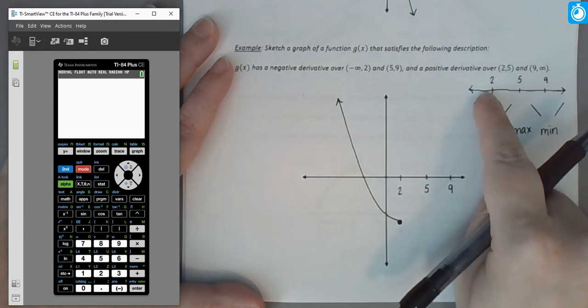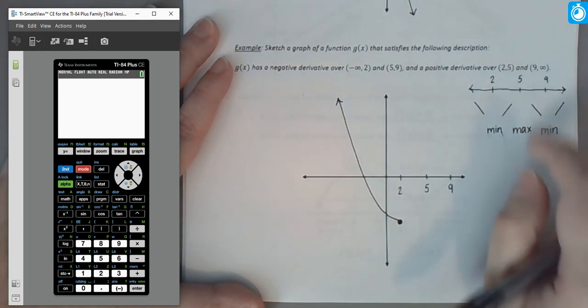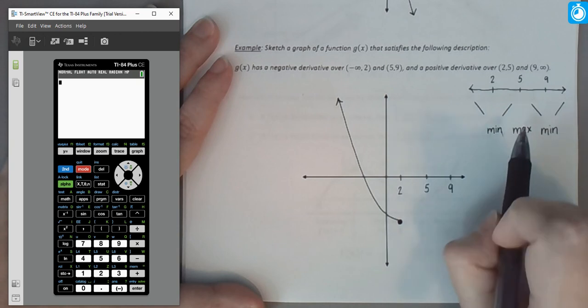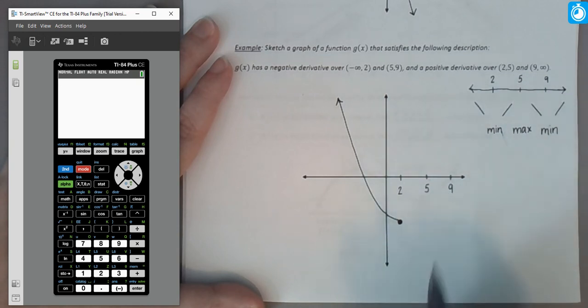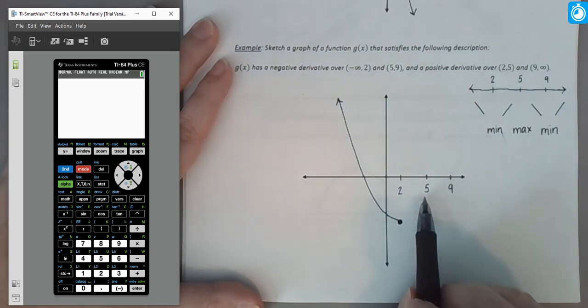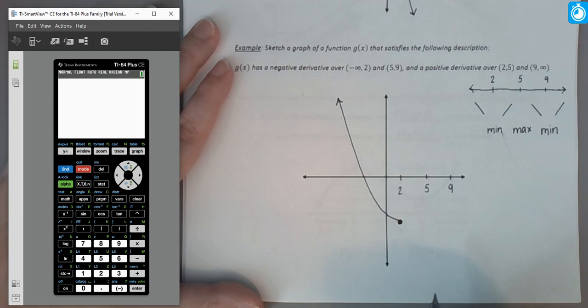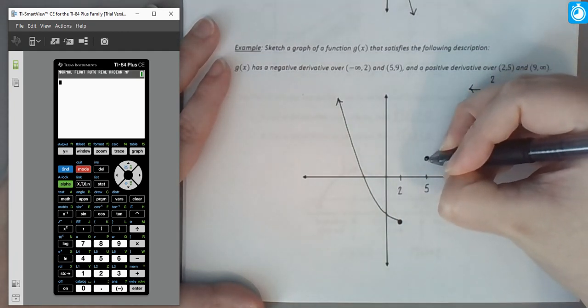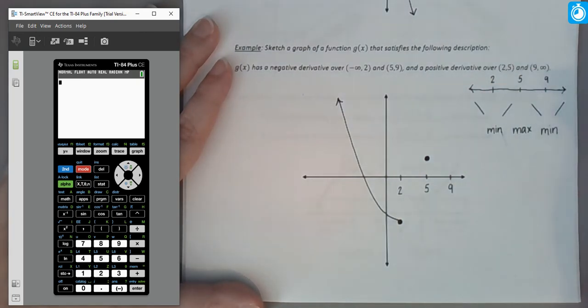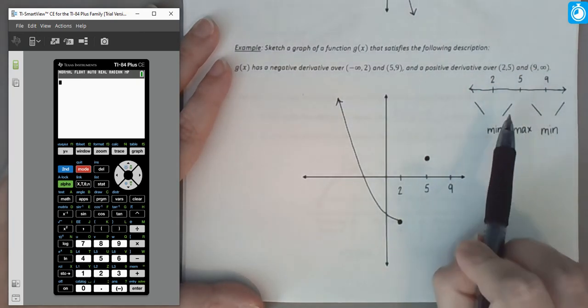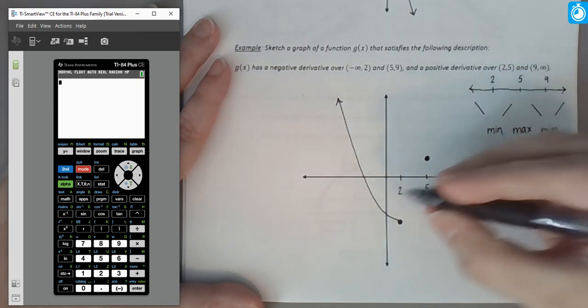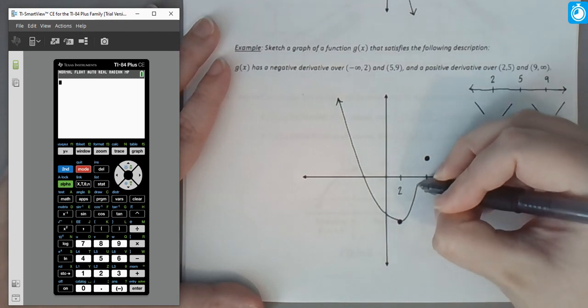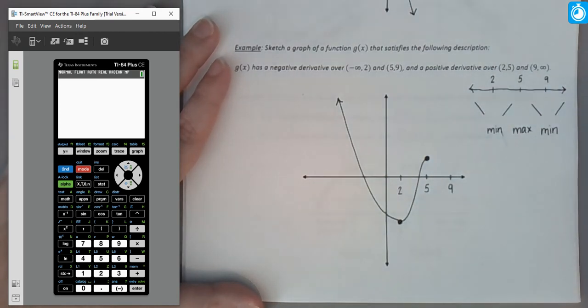Now once we hit 2, our graph begins to increase until we get to a relative maximum at x equals 5. Now it doesn't necessarily say that we jump above the x-axis. We could still have a maximum below, it doesn't matter. But let's suppose we have one above. So we have maybe a point right here. So from 2 to 5, we're increasing until we peak at x equals 5. So maybe we have something like that.